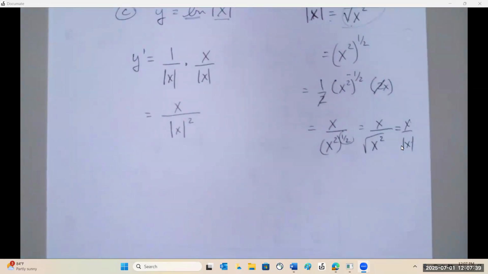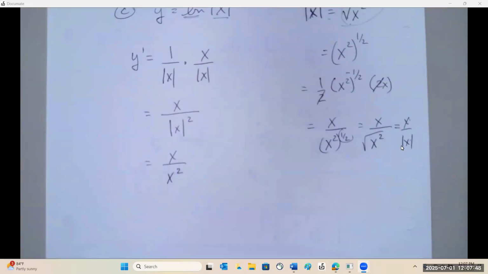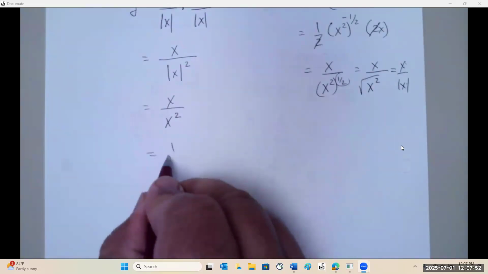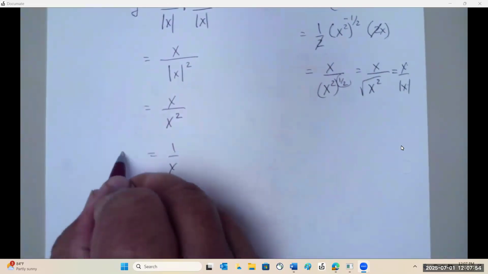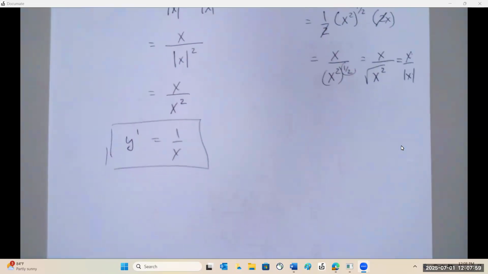Absolute value of x times absolute value of x. Do we really need the absolute values anymore if you square it? No. So it becomes 1 over x. So you see, ln is a pretty boring function. Pretty much it equals 1 over x no matter what you do.